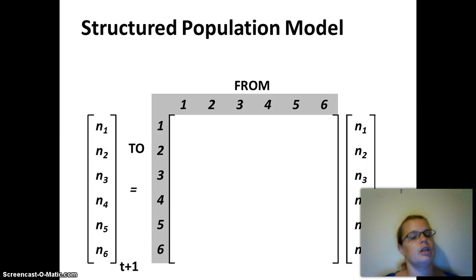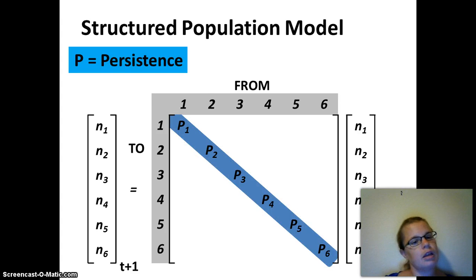Okay, so for most organisms that can only grow bigger or reproduce, this is what it will look like. Organisms can stay in the same stage, which is what we'll call persistence, or P. So here, this is the probability of an individual in stage 1 staying in stage 1. Here, it's the probability of an individual in stage 4 staying in stage 4, persisting in stage 4.